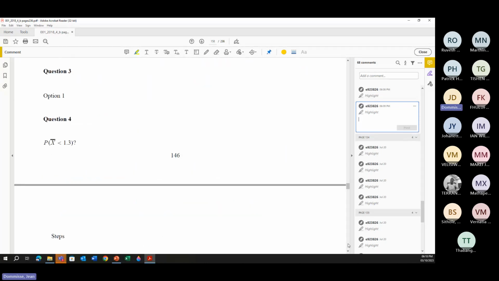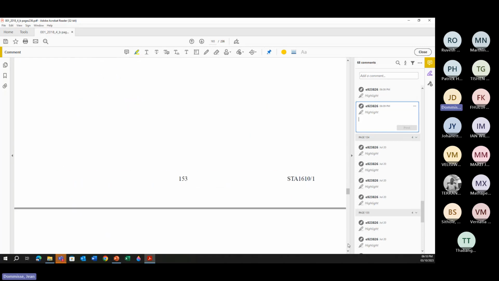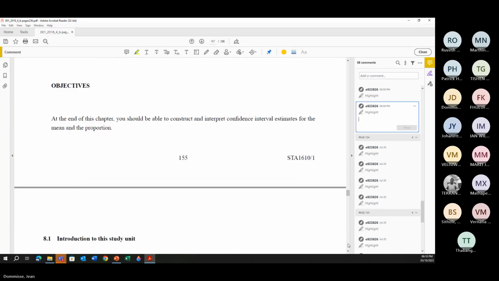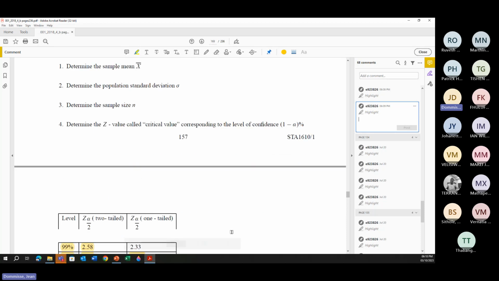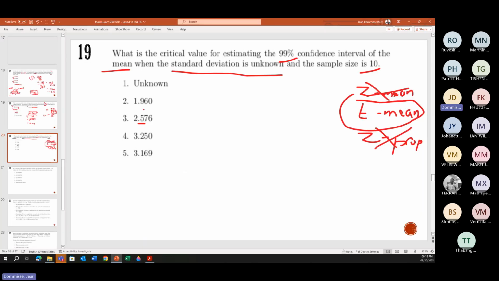Yeah, I think it was study unit 8. I just don't want to go past it. Okay, so again, look at this. There's the 99. So if we just looked at the Z, forgot that it's a T, there would have been your answer.